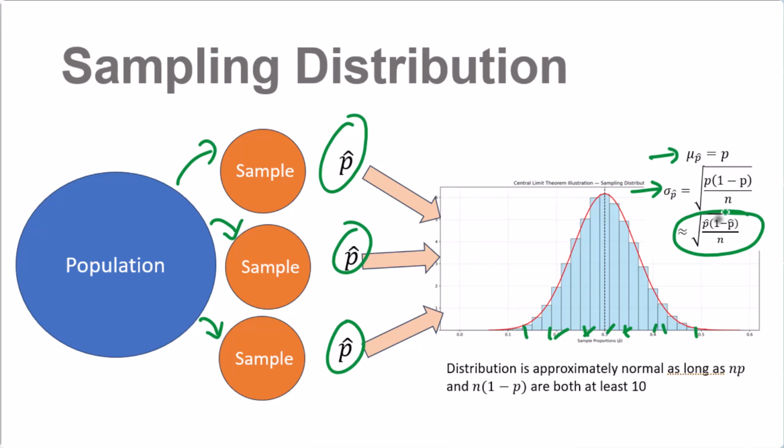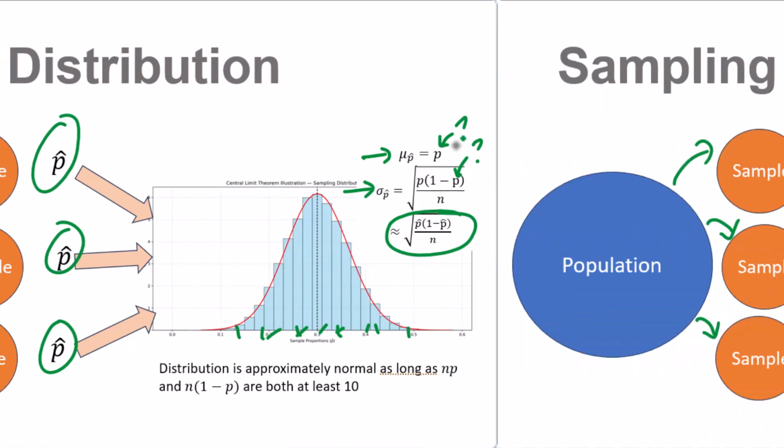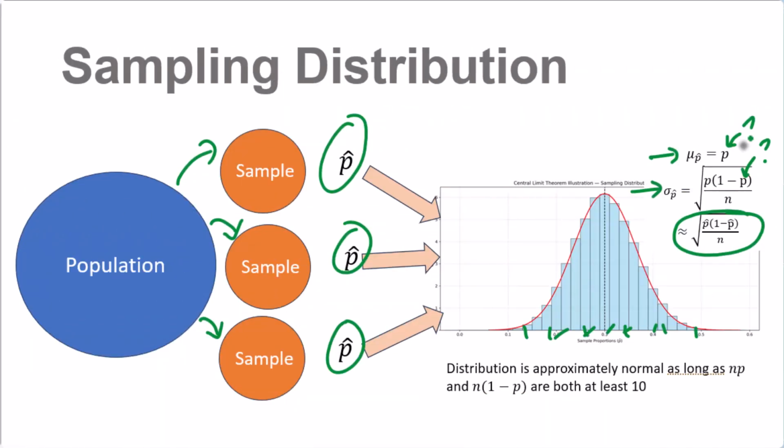Because of course, if we're trying to do an interval estimate, we don't actually know what p is. That's what we're trying to estimate. But p hat should be relatively close. So estimating the standard error using p hat gets us an approximation that will allow us to get a reasonable estimate of how spread out, how far away from that population proportion our sample proportion might be.